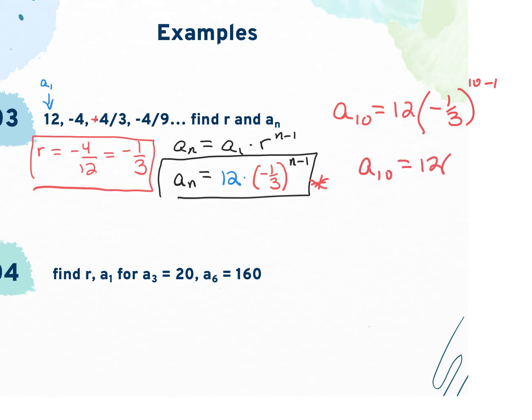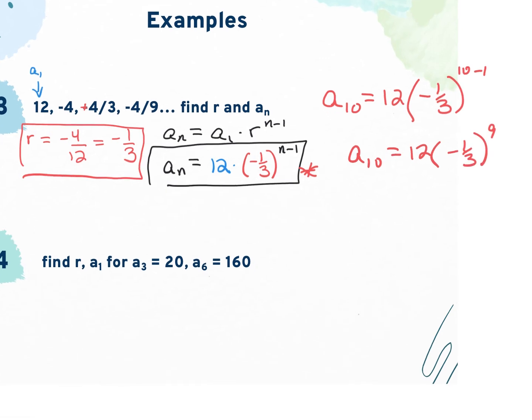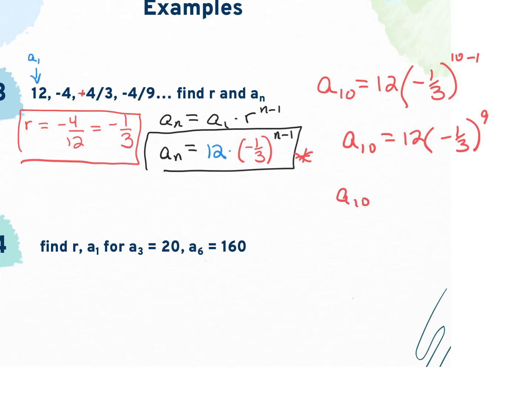12 times, let me just do this first: -1/3 to the 9th power. -1/3 to the 9th power becomes -1 over 19,683. You're going to write your answer as a simplified fraction.